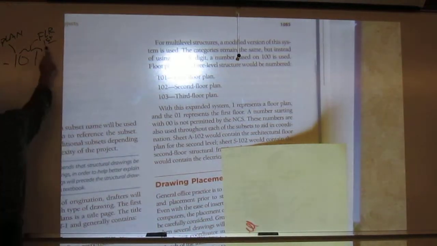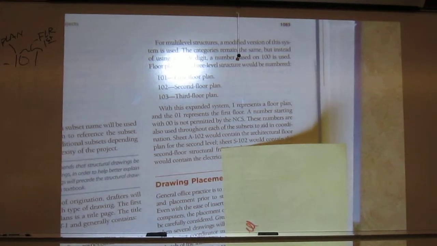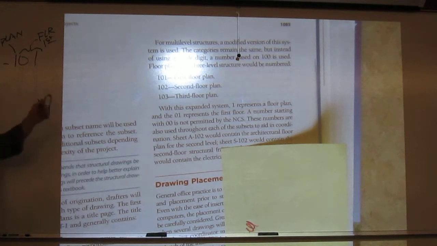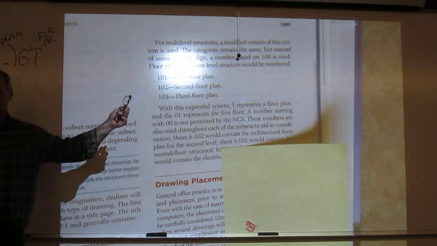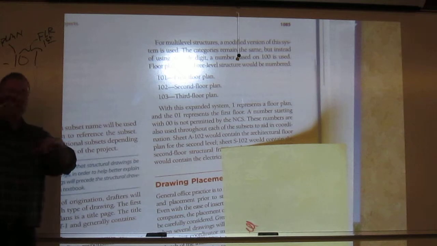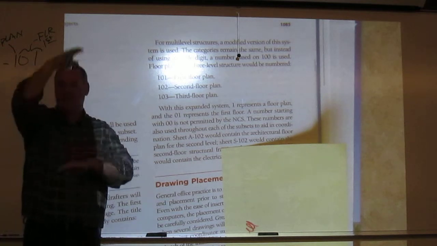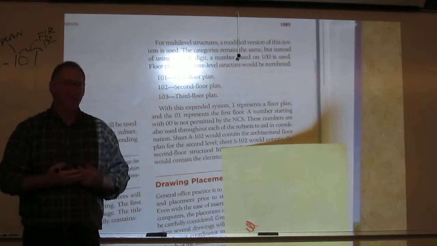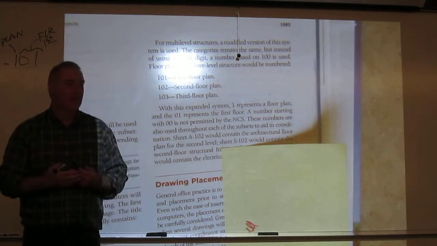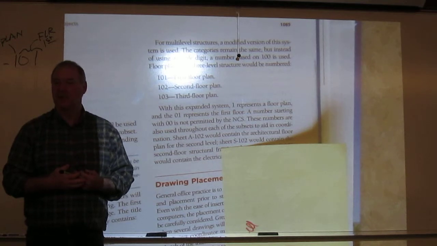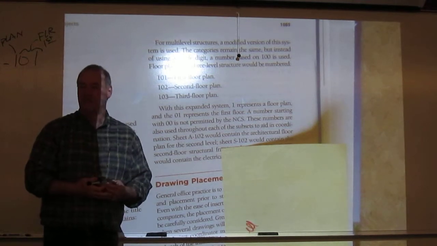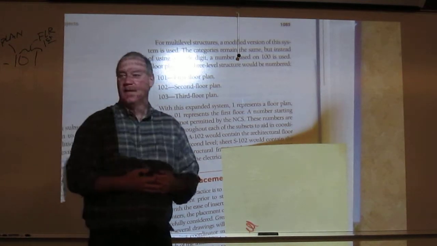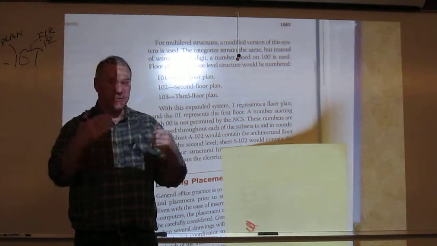Because, well, we just put our first floor there as 01. On the elevation, we might have 3 elevations on one sheet, we might have 2. We don't draw an elevation of just one floor of a multi-floor structure, we draw the entire elevation. The most important one is which one? The front. Okay, so it's probably your front elevation. But there might be a side on there too if they had room. But it's going to be your first elevation sheet.